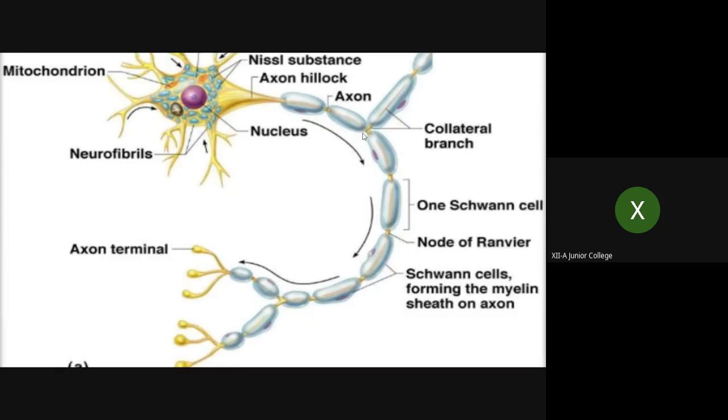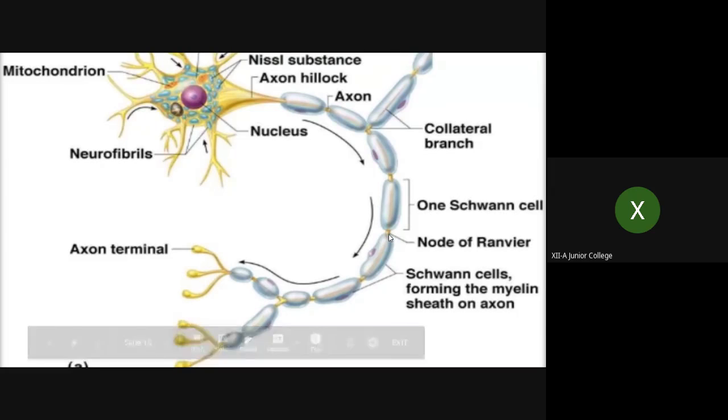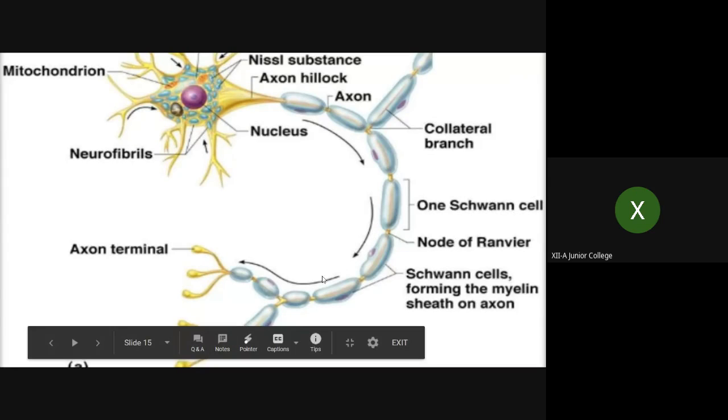It is jumping from one Schwann cell to another, a single one is called a Schwann cell, and the gap between these neighboring Schwann cells is called the node of Ranvier. So Schwann cells form the myelin sheath on the axon, and when you see the direction of how the nerve impulse is moving very fast with the help of Schwann cells, here is the end.